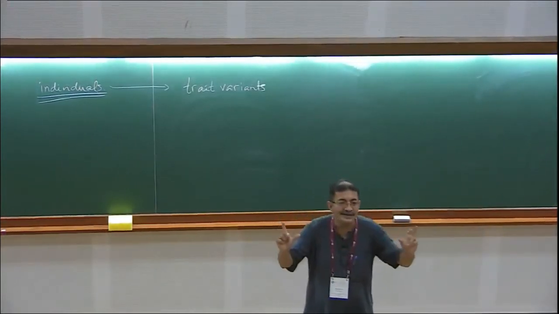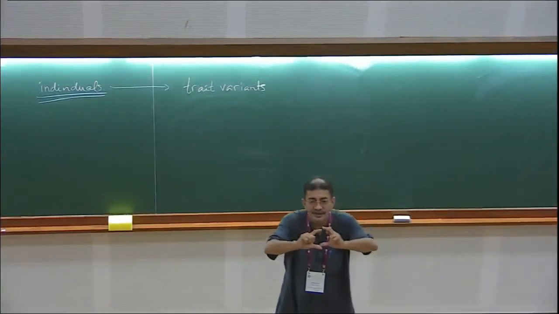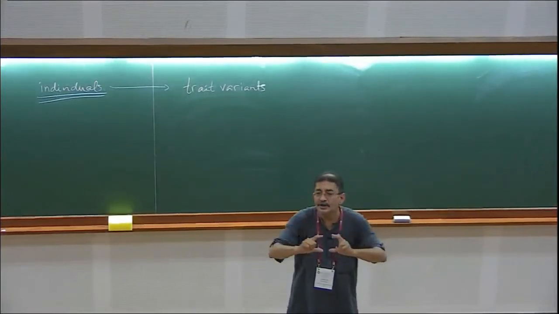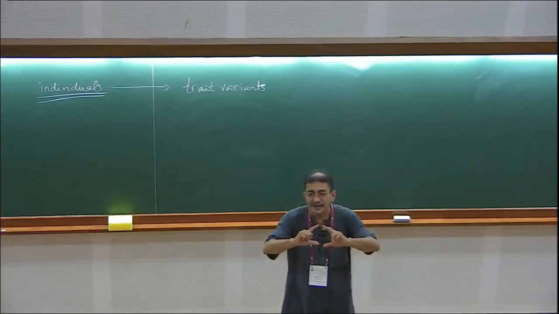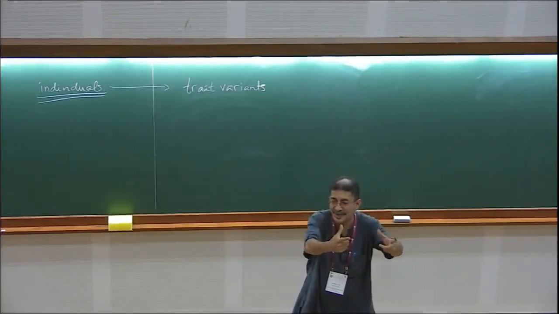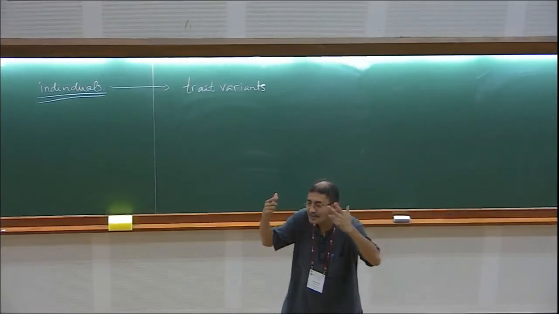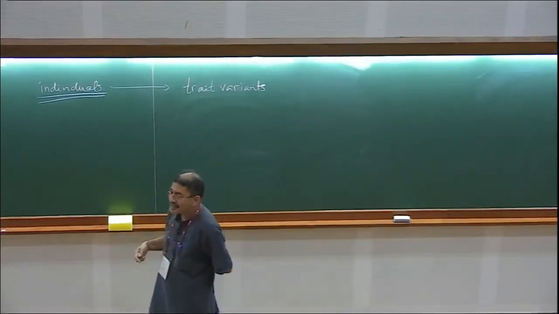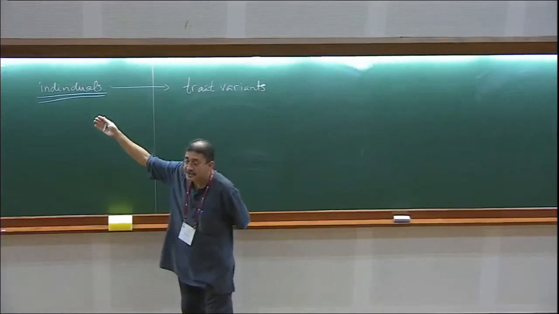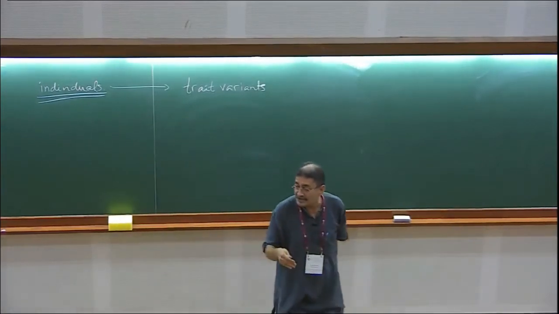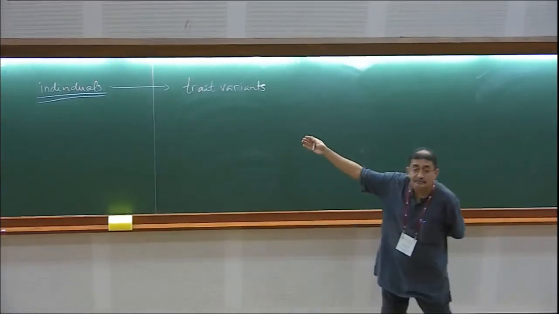And the point is that if you need to put a caveat that this is not actually what's happening, but you can think about it this way at the individual level, why is it so important for us to think about the individual? Actually, the individual is the biggest red herring in evolutionary biology. It's really the trait variants.